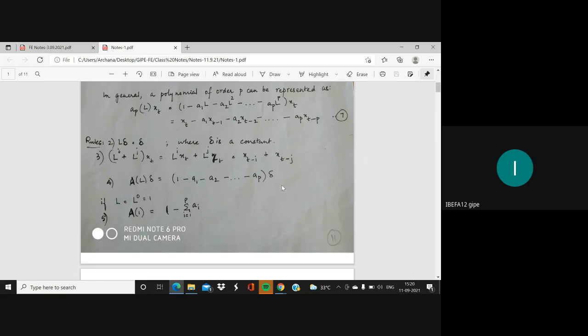It might seem very silly to denote it this way, but this will be useful a little later on. So I'll have 1 minus a1 minus a2 and so on up to ap, into that constant delta.